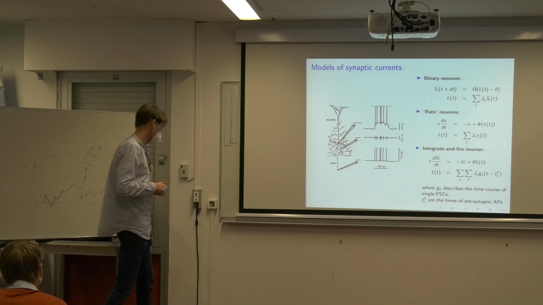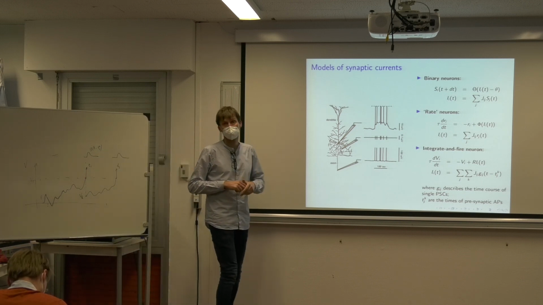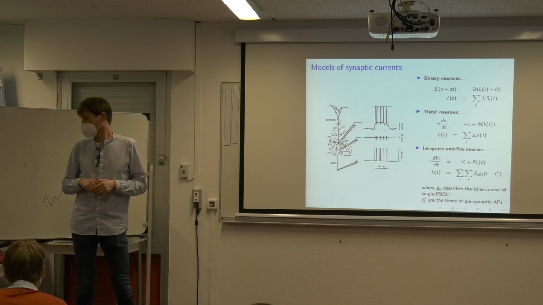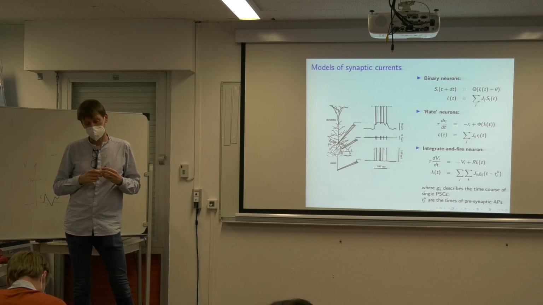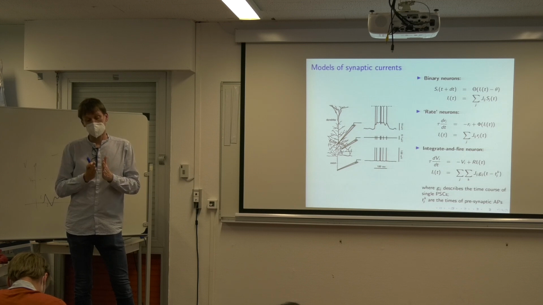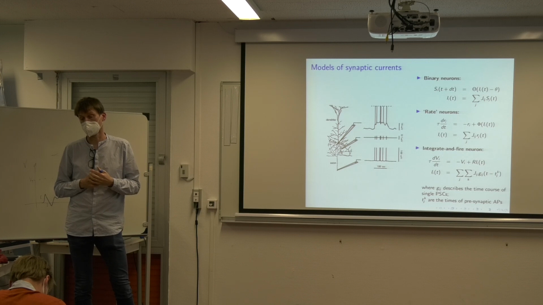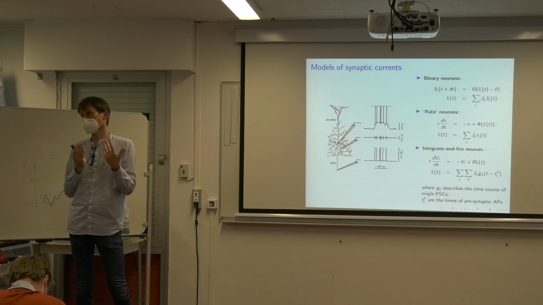Yeah, you're right. That's a limitation of the rate model. Essentially, the underlying logic of rate neurons is to look at a slower time scale than the time of generation of a single action potential. In a rate model, though, you can still have synchronization between two neurons.